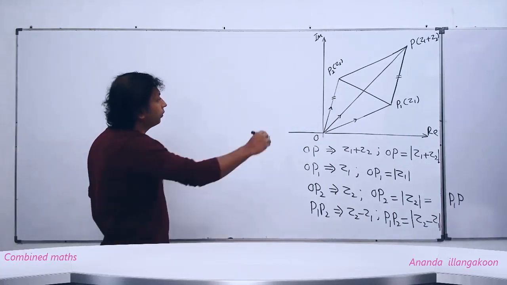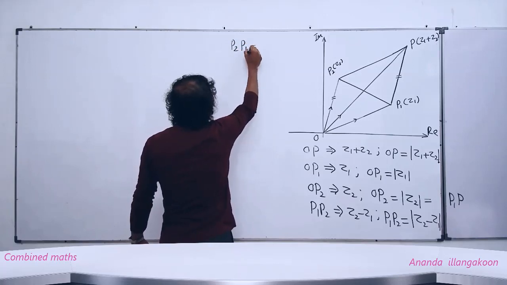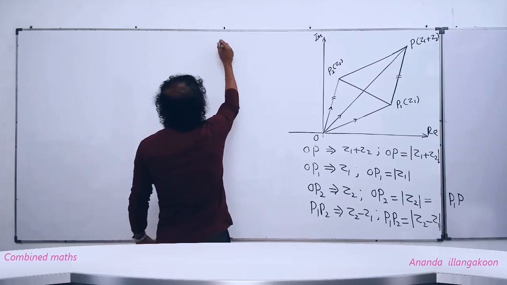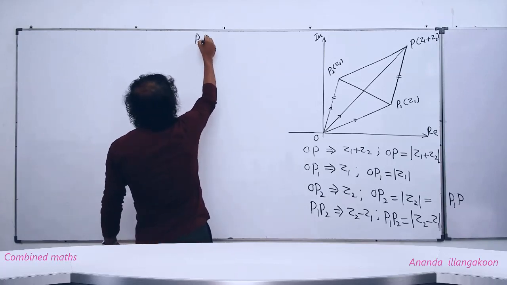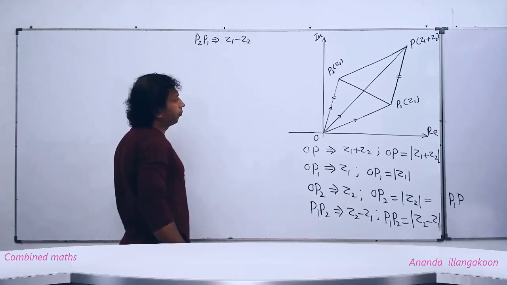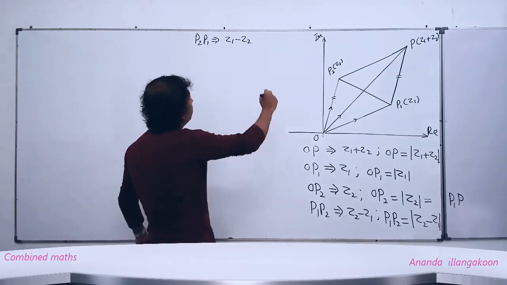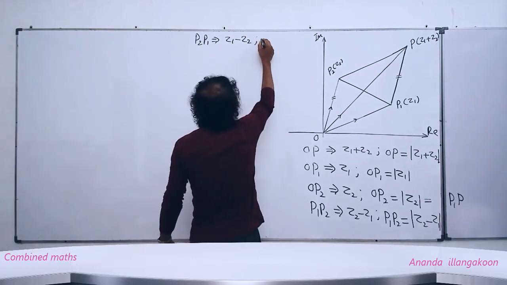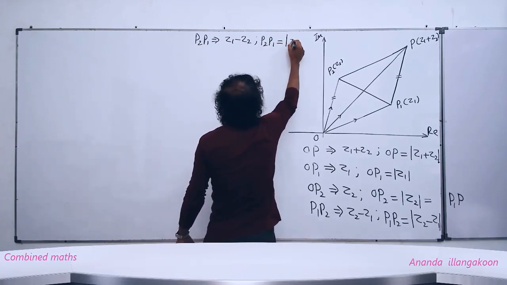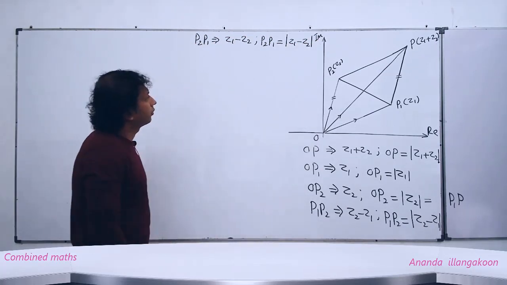And also P2P1 length. P2P1 line segment gives us the complex number Z1 minus Z2. Then P2P1 length is going to be the modulus of this. Right.